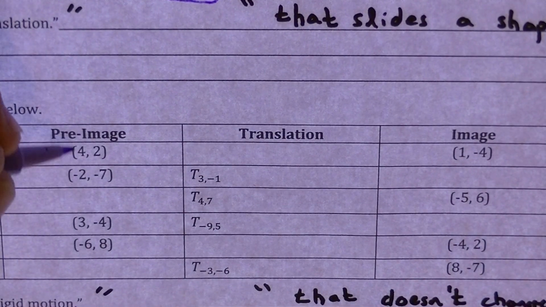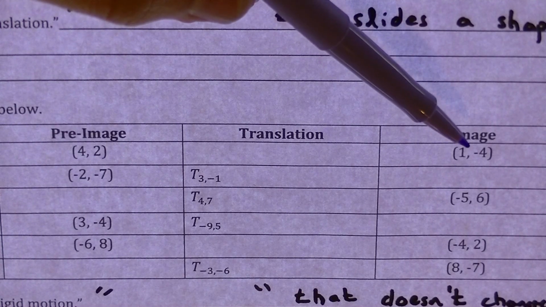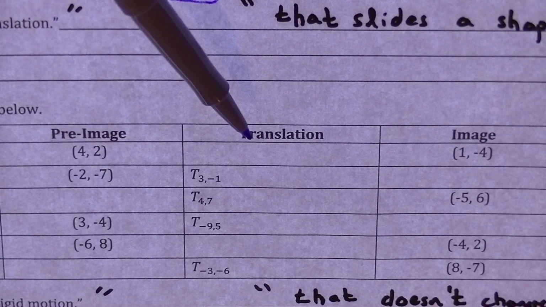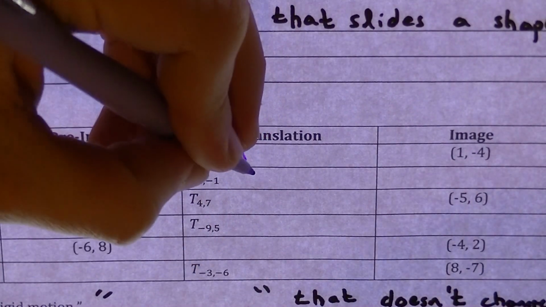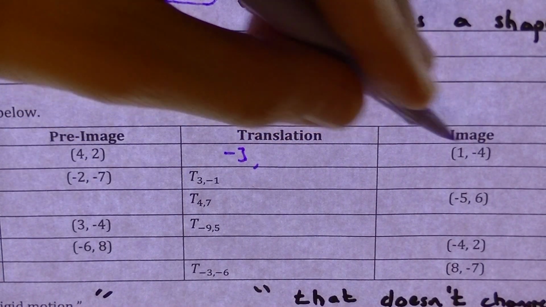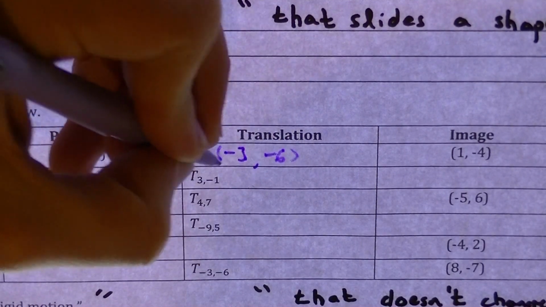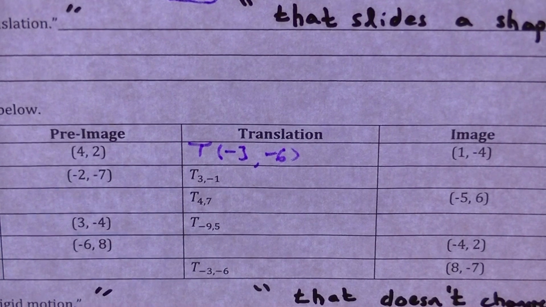If my pre-image is the coordinates (4, 2) and I end up at (1, negative 4), I had to have translated from 4 to 1, that was minus 3 in the x, and from 2 to negative 4, that's minus 6 in the y, and I'll put a big T there for the name of my translation.